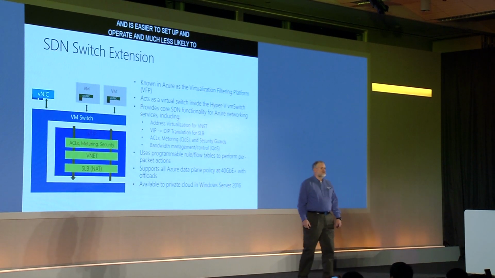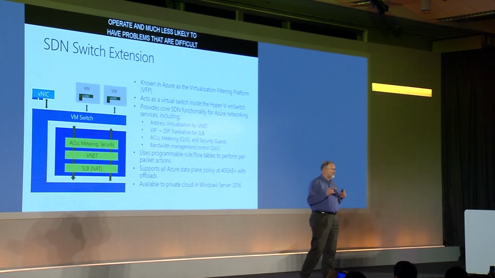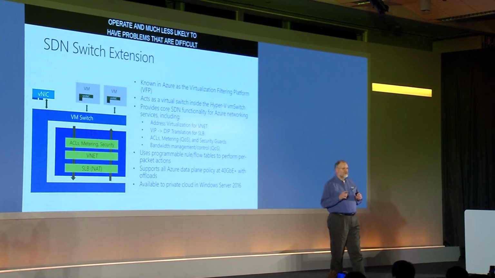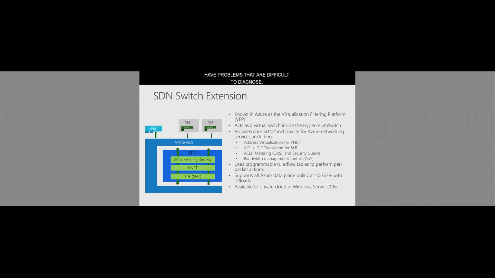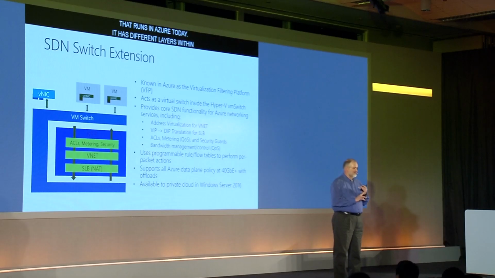The SDN switch extension is the Microsoft Azure Virtual Filtering Platform that plugs into the middle of the Hyper-V switch. It's the same filtering platform that runs in Azure today. It has different layers within that switch extension. It has layers that take care of security policy, like access control lists.